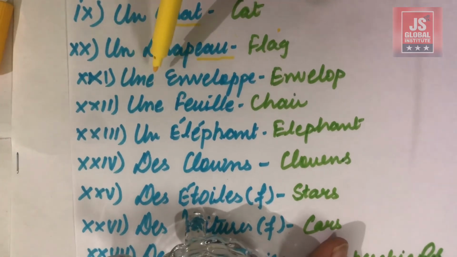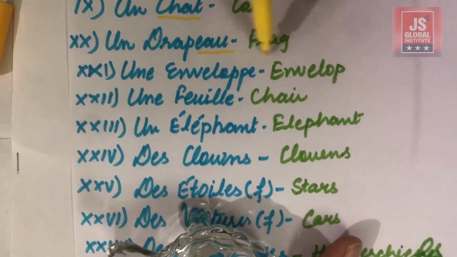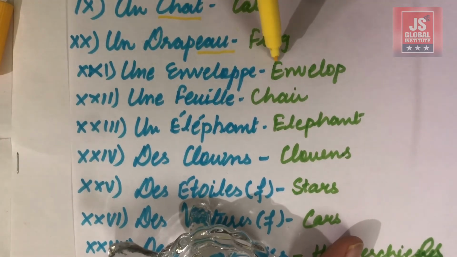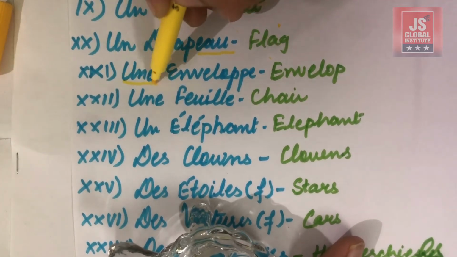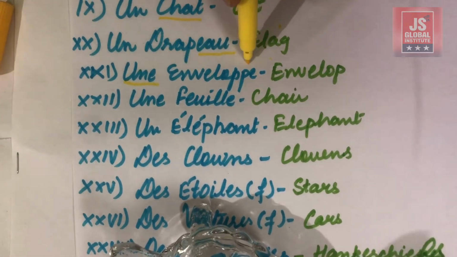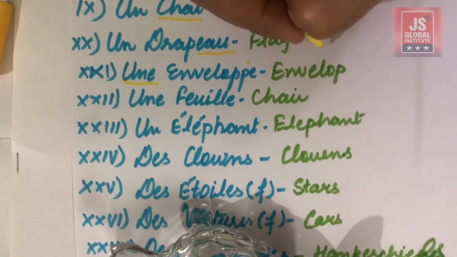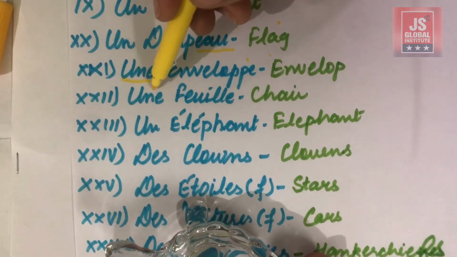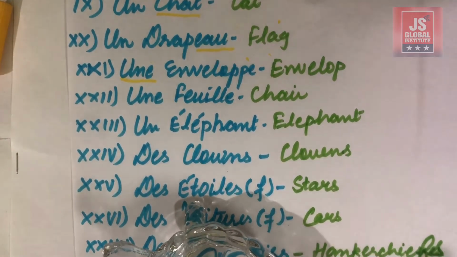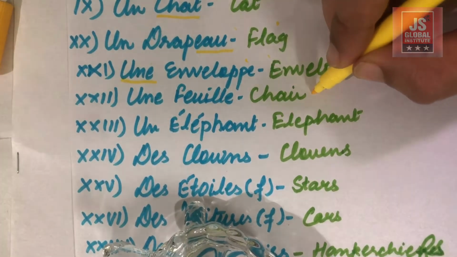Alright, moving on. Une enveloppe, right, so this is une, that means this is feminine, and as the name indicates, this is envelope in English. Alright, moving on. Une feuille, that is leaf in English.